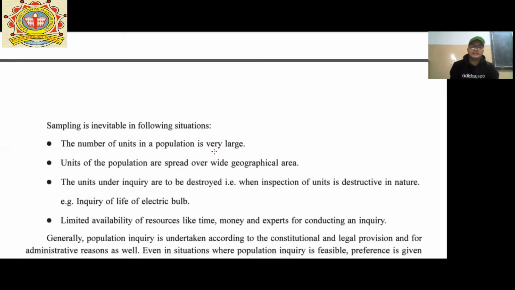Here the example provided is the inquiry of the life of an electric bulb. Once the life of the bulb is expired, it is impossible to research on it. Last one, limited availability of resources like time, money and experts for conducting the inquiry. This point I have discussed earlier.